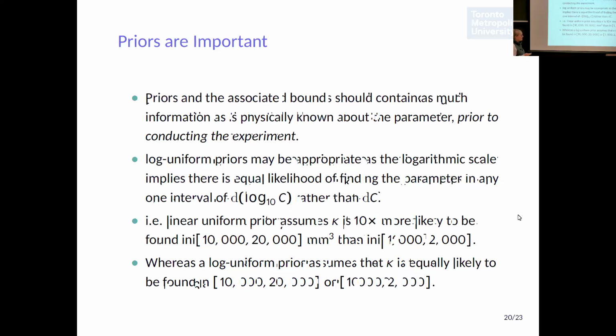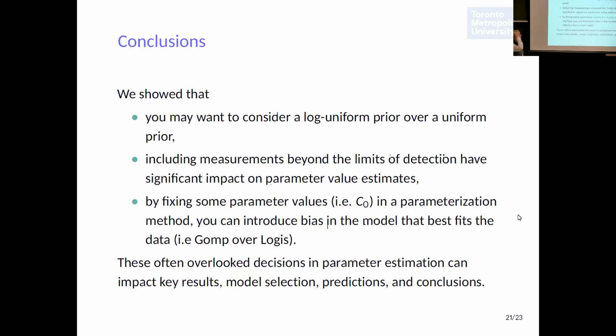For some of the parameter values that we're trying to estimate, where we don't know where they lie, this assumption may be a better fit. So I think we want to consider these assumptions that we make, log uniform versus linear uniform.